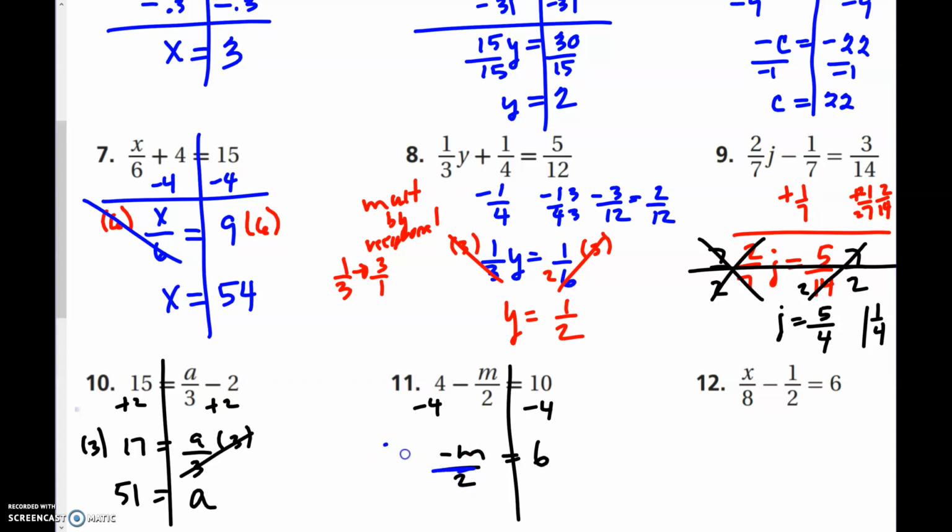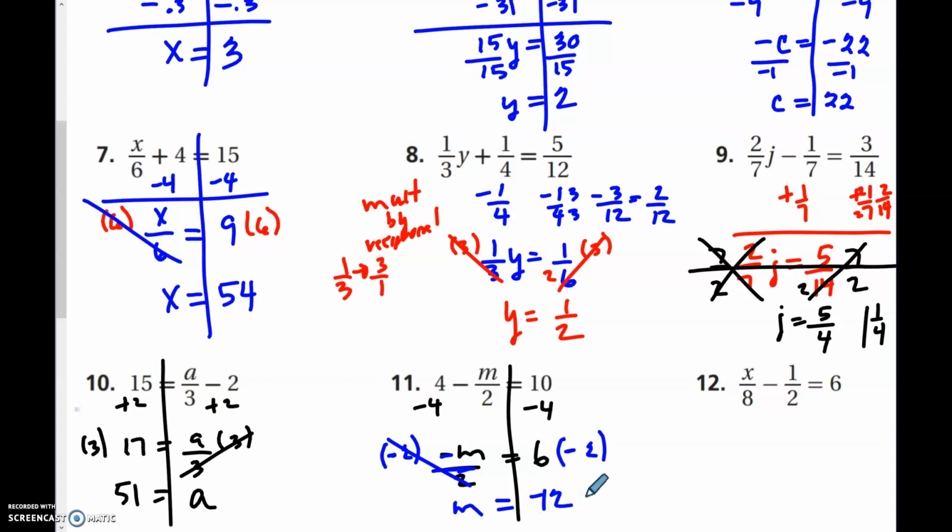So what I'm going to do is multiply both sides by 2. But if I multiply by a 2, I'm still going to have a -m. So I'm going to multiply by a -2 on both sides. So this negative and this negative, negative times a negative is a positive number, and these 2's will simplify. So I'm left with m equals, and 6 times -2 is -12.